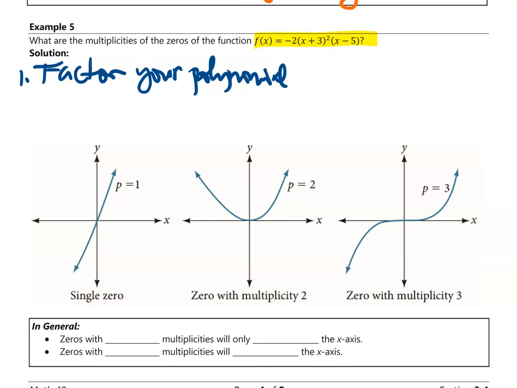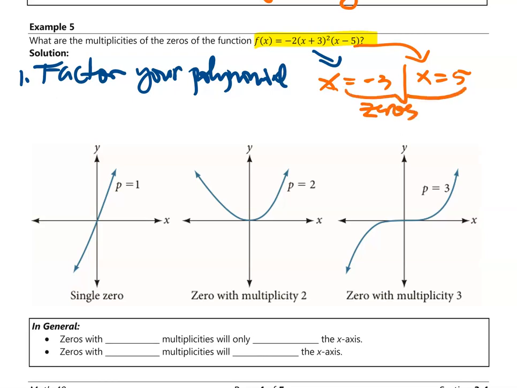And we can get our zeros here. X plus 3, that is x is equal to negative 3, and the other one, x is equal to 5. So these are the zeros, right? And then next, don't forget to count the number of times each factor appears.